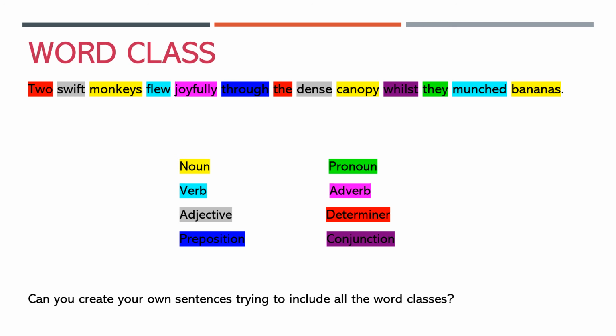Let's reread my sentence now that I've included a pronoun. 2 swift monkeys flew joyfully through the dense canopy whilst they munched bananas. You'll notice I had to change my verb. I could have had munching, but then I would have had to squeeze the word were in. They were munching bananas. I changed it to include less words, so they munched bananas.